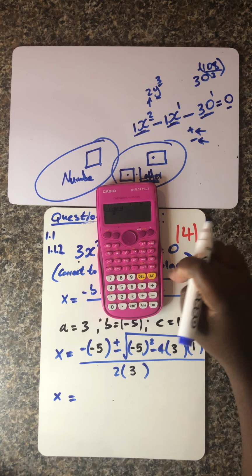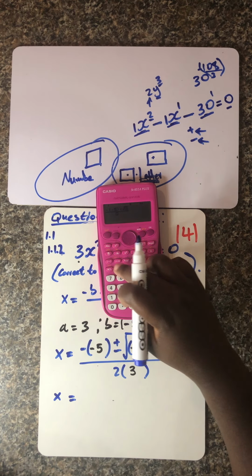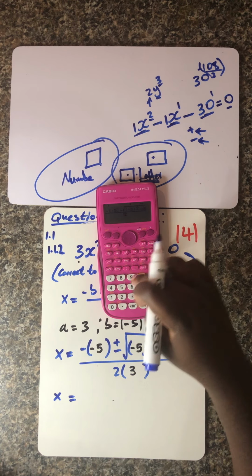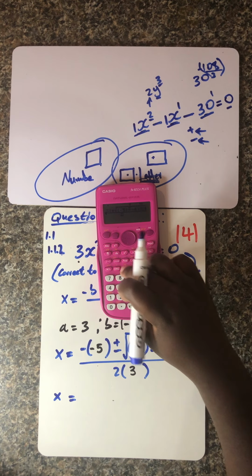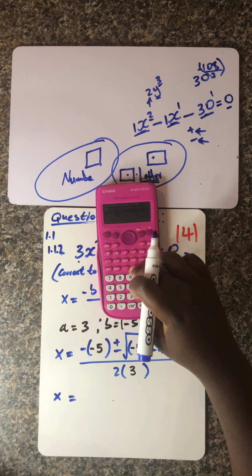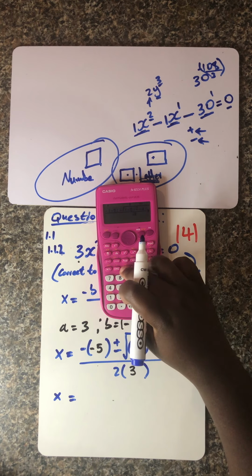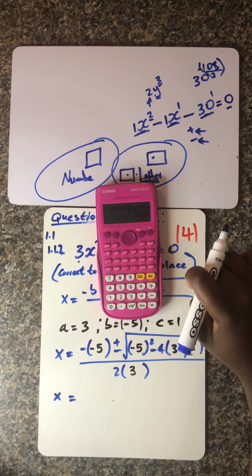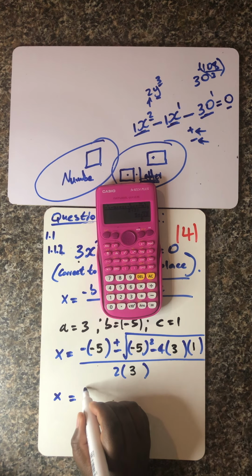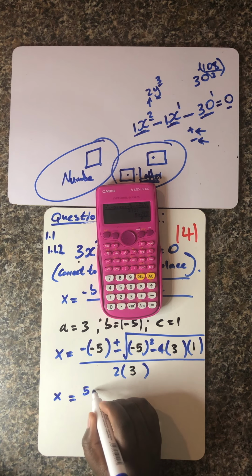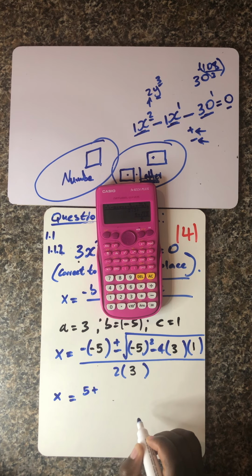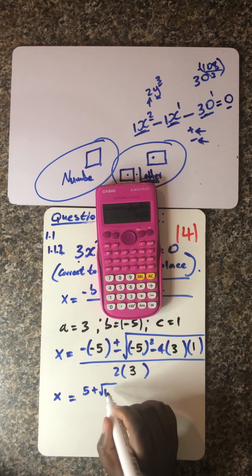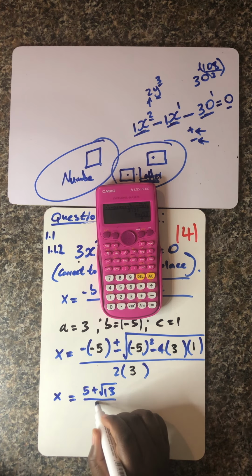Then you start with a positive sign, you say square root into -5, then you square it, minus 4 into A is 3 into C it's 1, down there 2 into your A is 3, then you say it's equal to. Okay, so can you see, ladies and gentlemen, you have 5 plus square root of, what is it? It's square root of 13 all over 6.